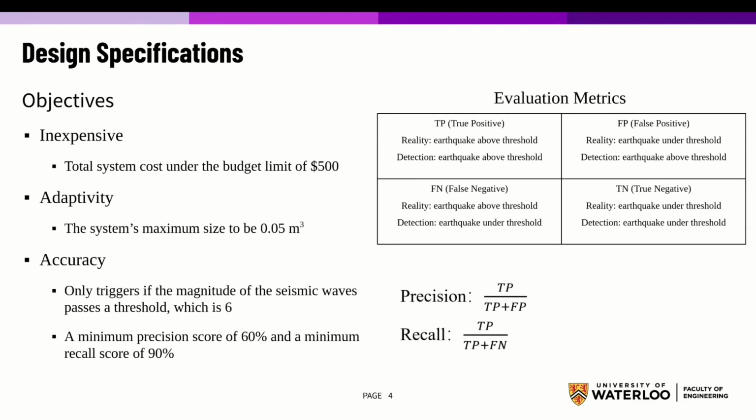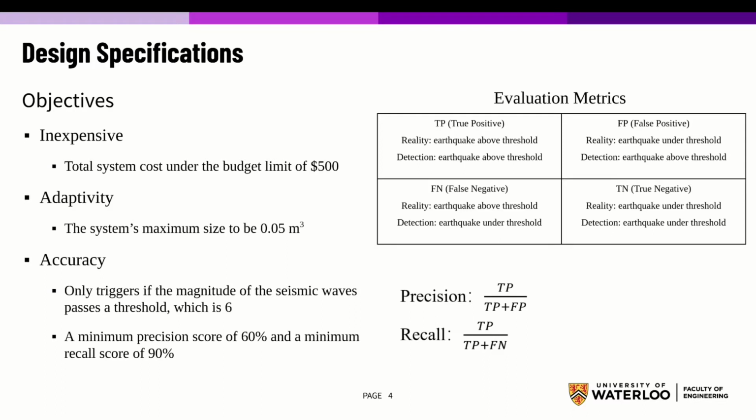Besides the design cost, customers also prefer a simple implementation of the system on the electrical and gas systems in their house. After comparing the dimensions of seismometers on the market, we set the system's maximum size to be 0.05 cubic meter as the second objective.